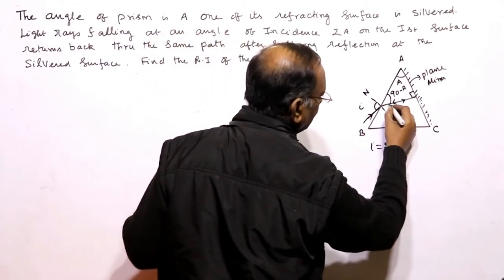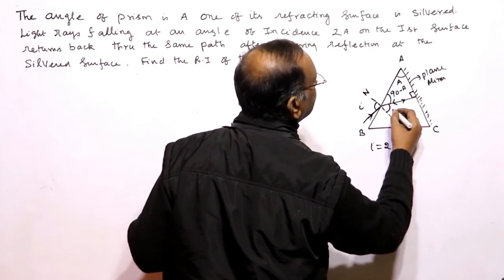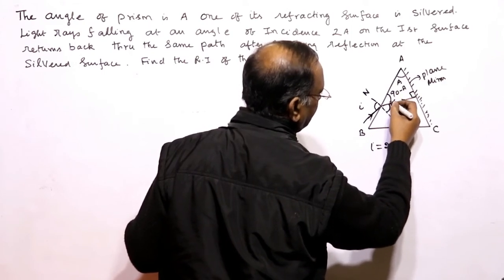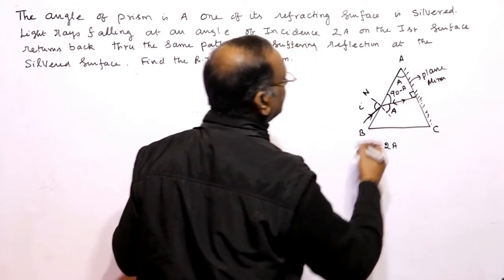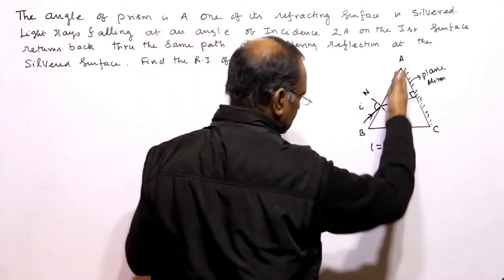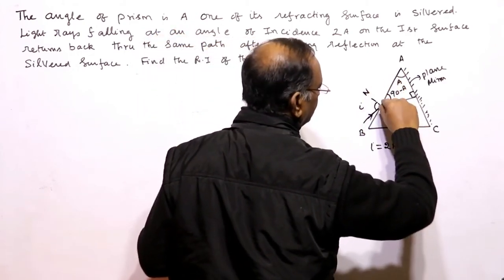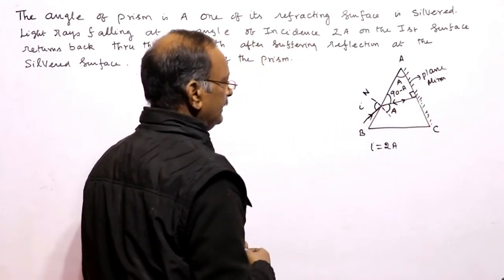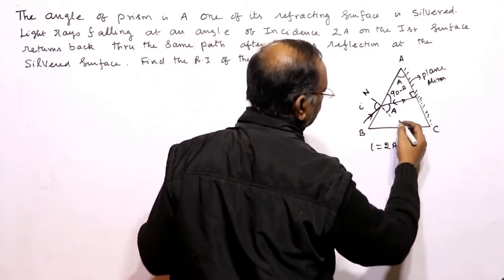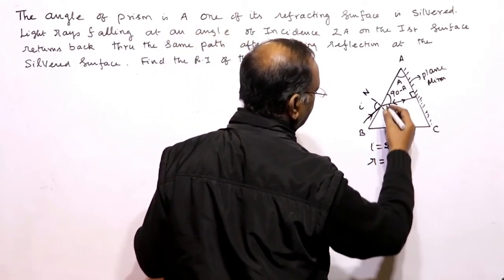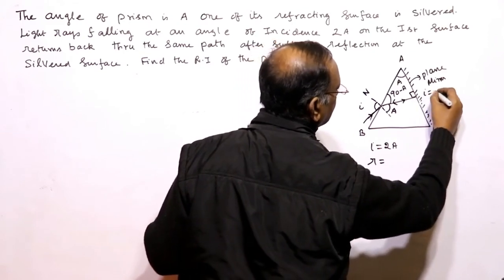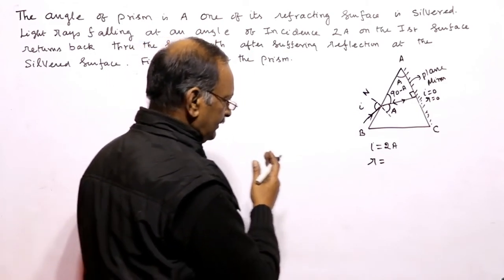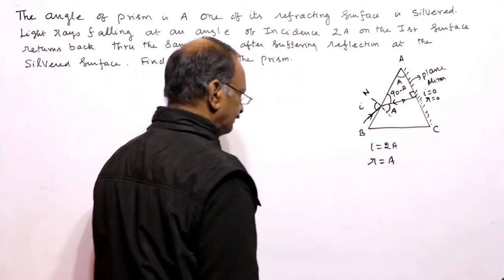This is the angle of refraction; since this is 90 minus A, and this and this are 90 degrees because they are perpendicular, obviously this will be E. So the angle of refraction at the first face is E. At the silvered face, I is equal to 0 and R is equal to 0, so the ray comes back following the same path. So R is equal to E.